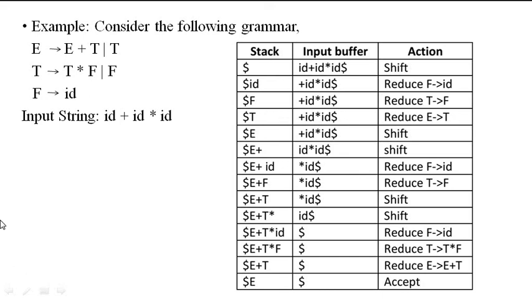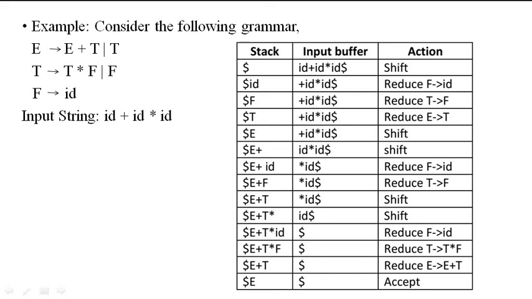It means this string is accepted by this grammar. So first put the $ sign into the stack, then in the input buffer column put your string id plus id into id, and at the end put the $ sign.